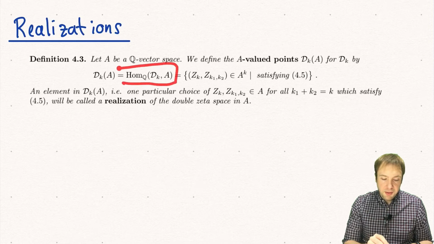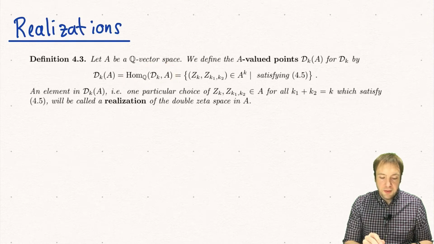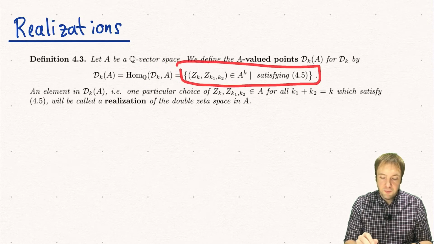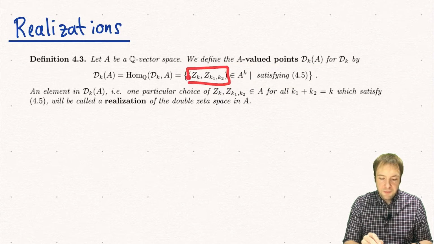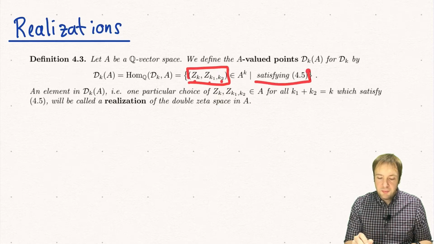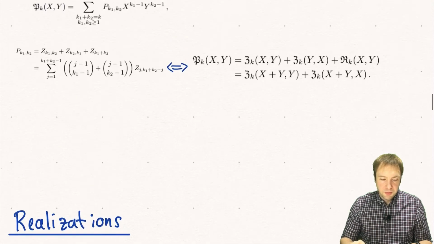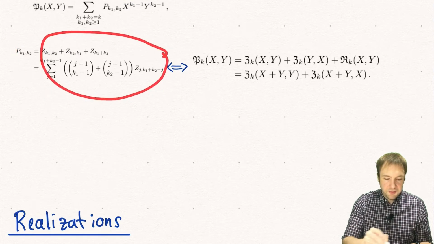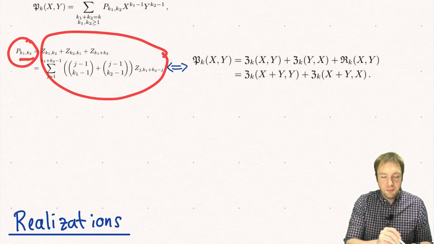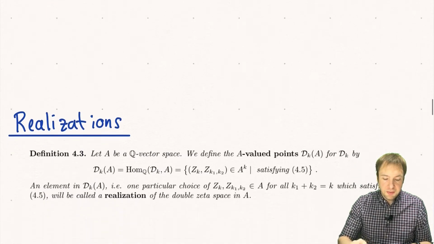And this just means we can identify this with a choice of elements in A^k, meaning if I have elements zk, zk1, k2 which satisfy these relations, then I can define a corresponding pk1, k2 in the space A.